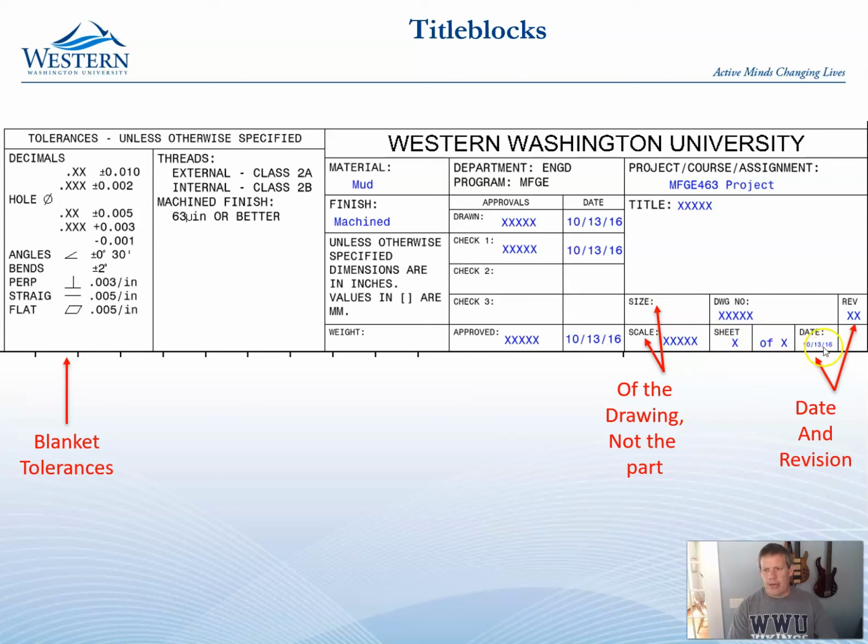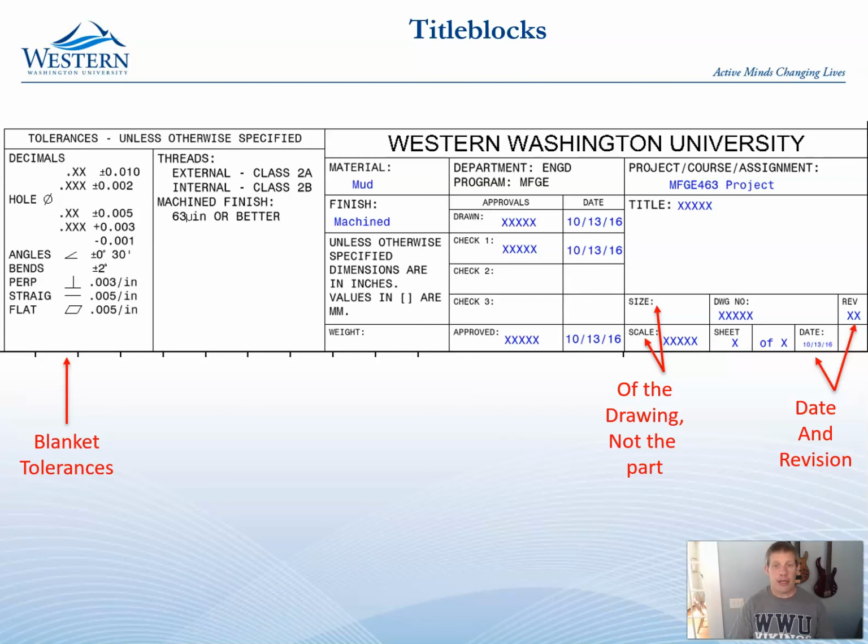You must have a date and a revision number. Even if it is revision 1 or revision A, it doesn't matter what you use as the way that you're going to mark that. But I need to know that you have some control of your revisions that are going through this drawing.